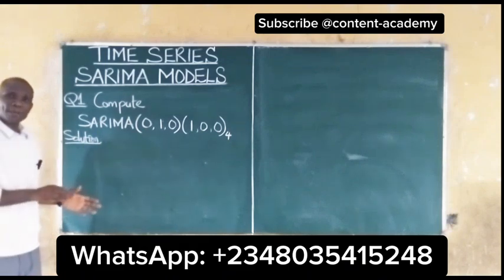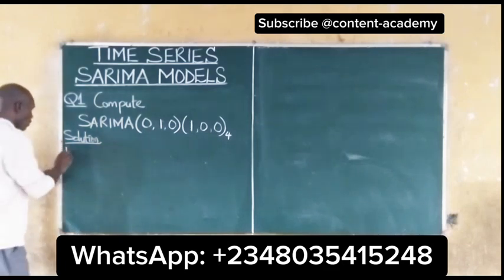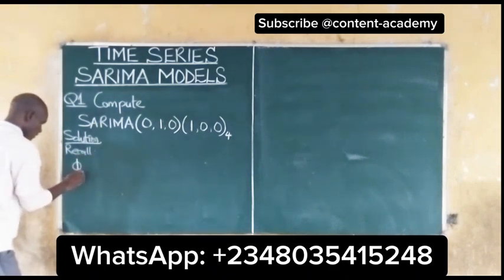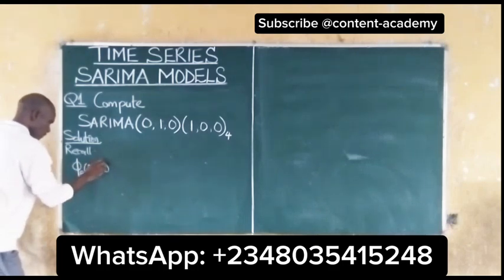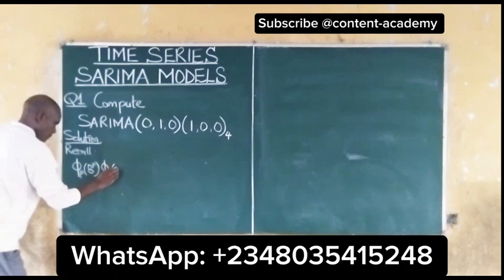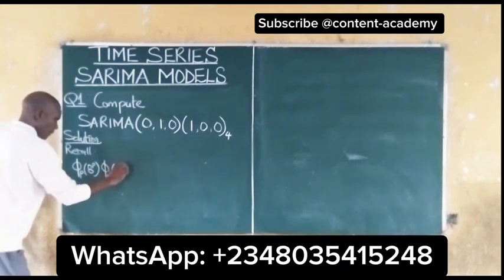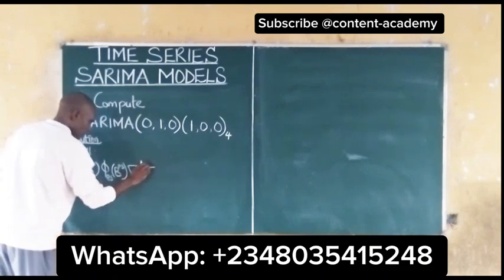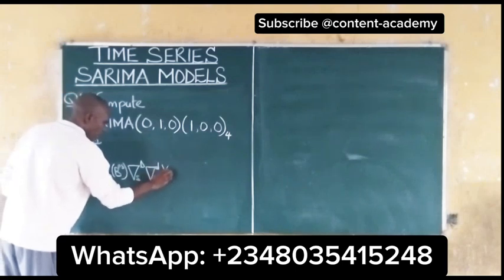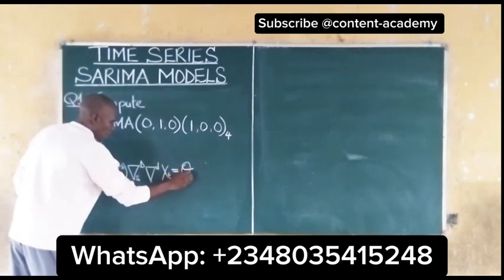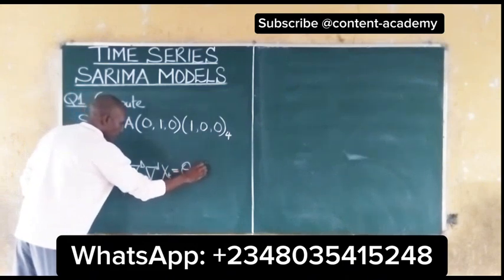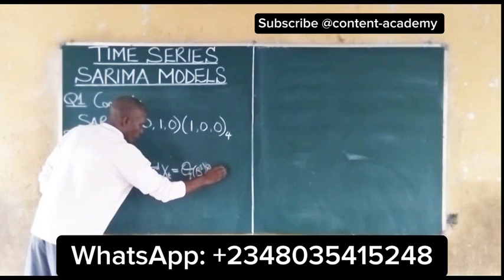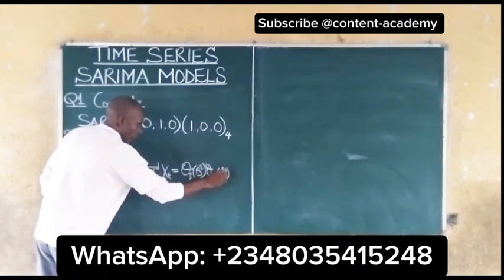Now, we'll take from the simpler part to the more complex one. We recall that our model can be written as phi_p(B) Phi_P(B^s) (differencing part, seasonal part and non-seasonal part) X_t equal to our moving average part, then e_t.